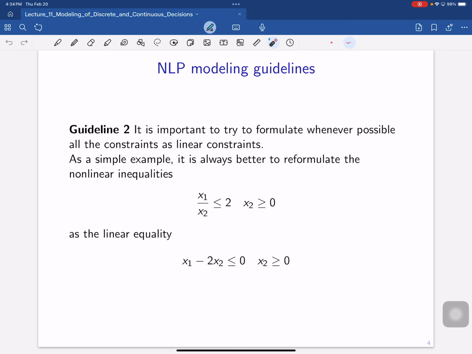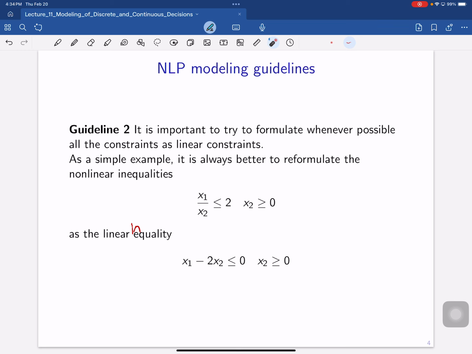If you have the ratio of x1 and x2 less than or equal to 2, where x2 is greater than or equal to 0, you can very easily convert this to a linear inequality. Not equality, inequality here. Just by multiplying x2 on both sides of the inequality, then you get a linear inequality.